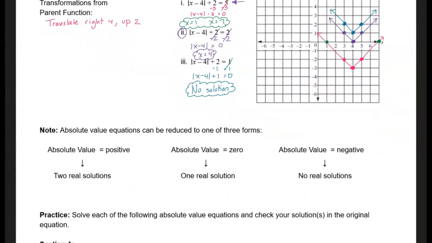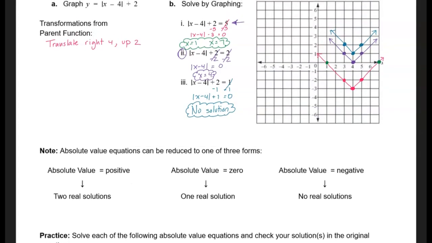And it even explains it right down here in this note. If your absolute value is equal to a positive number, so look at number 1. Notice how it was absolute value of x minus 4 plus 2 is equal to 5. Because that 5 was a positive number, that's what made us have 2 real solutions. If your absolute value is equal to 0, look at number 2.